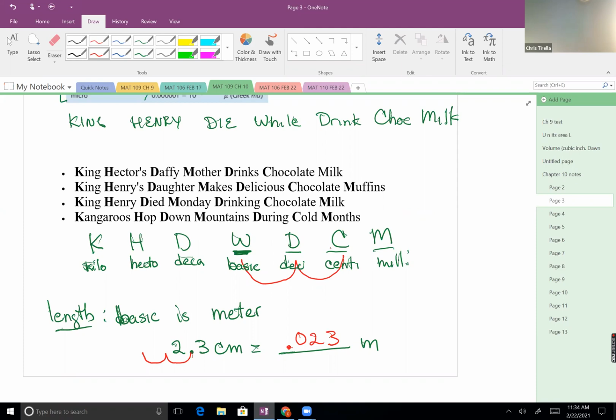Is this something you folks have seen before? Yes. So when I'm converting within that metric system, I just move my decimal point back and forth, whether I'm doing it for length with meters, weight with grams, volume capacity with liters.